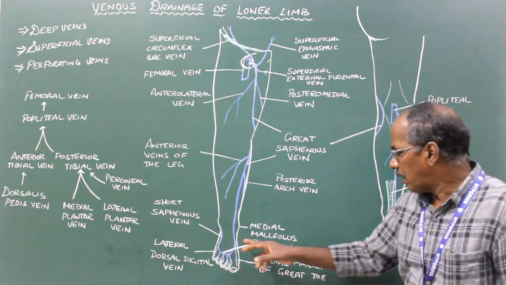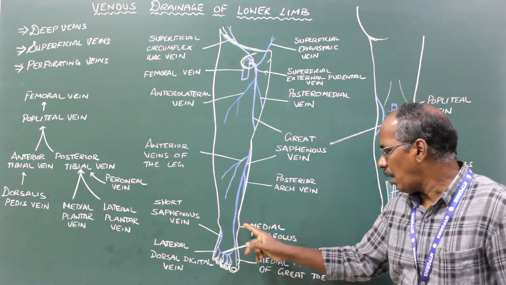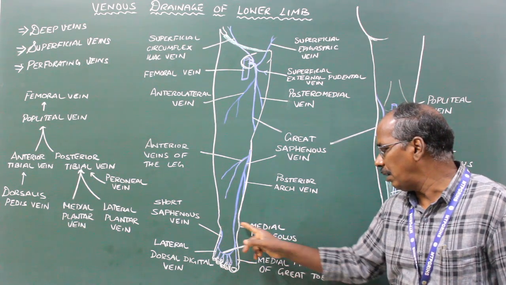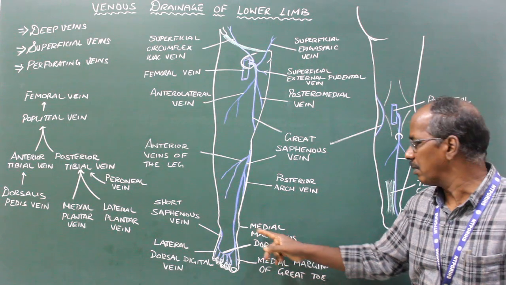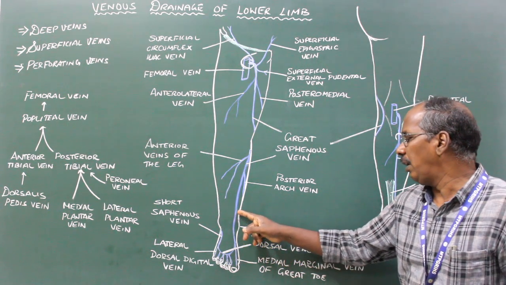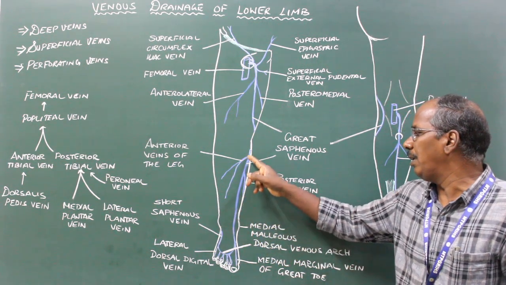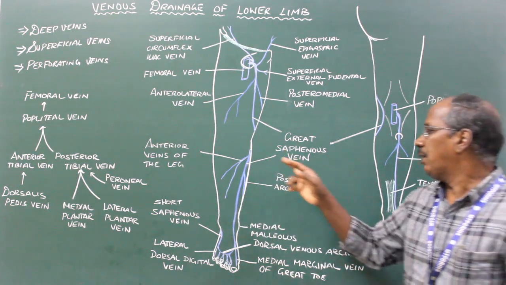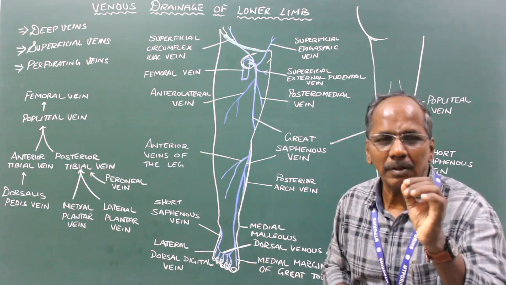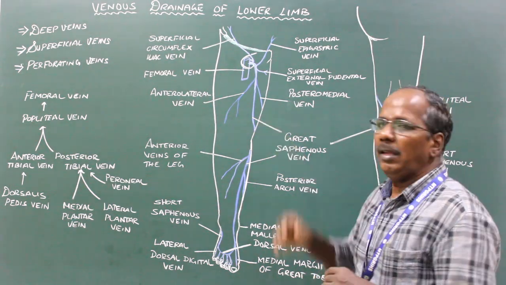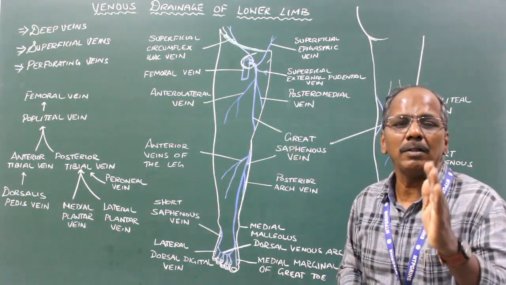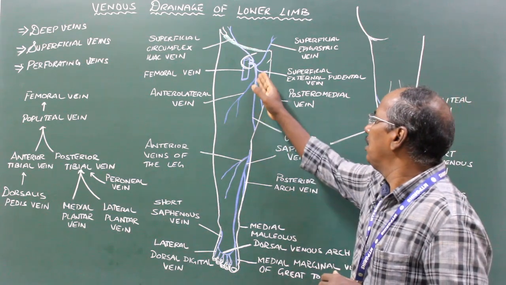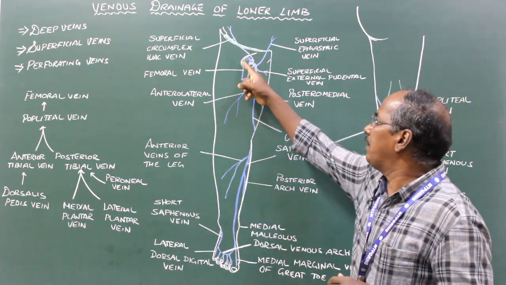Course. It runs upwards about 2.5 cm in front of the medial malleolus, and in the leg it ascends along the medial margin of tibia. In the knee, it lies posteromedial to the knee joint. In the thigh, it ascends along the medial aspect of the thigh and reaches the saphenous opening.